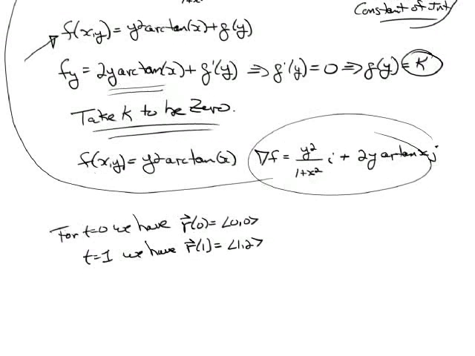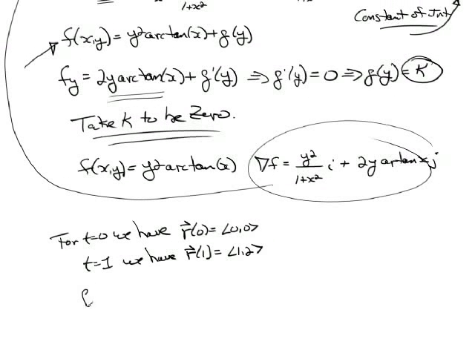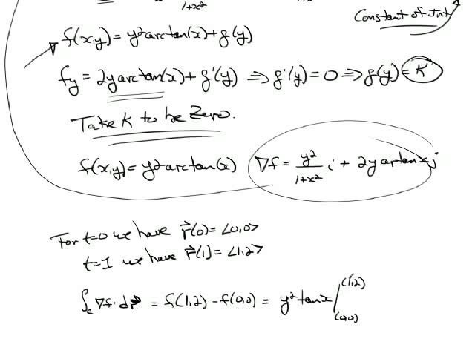Now I can go directly to the integral. The line integral of the gradient of f dot dr is equal to f of (1, 2) minus f of (0, 0), which is y squared arctan of x evaluated from the point (0, 0) up to (1, 2).